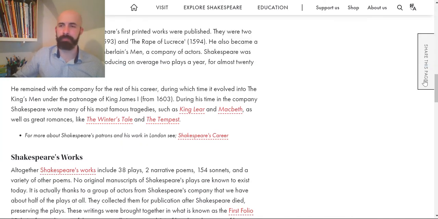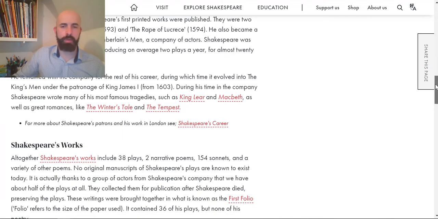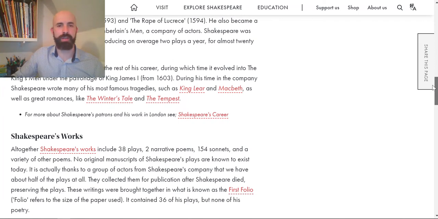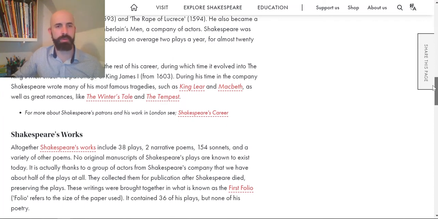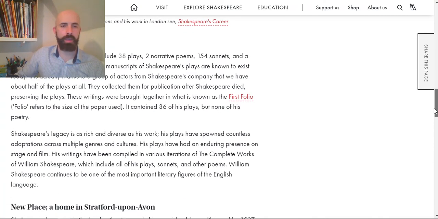And during the second phase of his career, after this sponsorship by King James, some really significant texts were written: King Lear, Macbeth, and The Tempest as well. This history really plays into Macbeth, and it's something I will look at when I do a video specifically on Macbeth. So Shakespeare was tremendously prolific: 38 plays, 2 narrative poems, 154 sonnets.